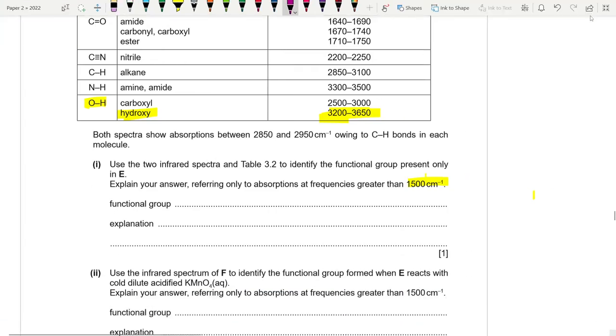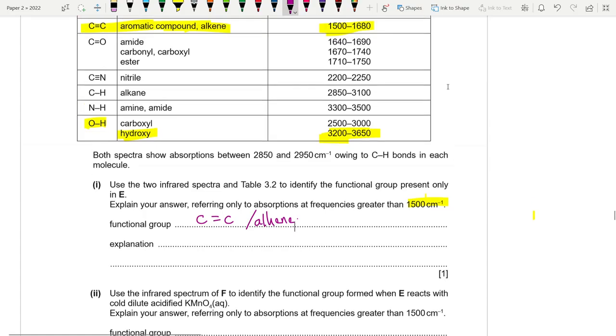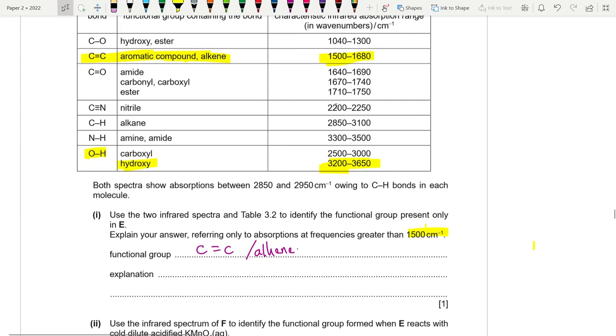It's just going to be C=C, or you could just write alkene, and the explanation is that there is an absorption within 1500 to 1680 per centimeter wave number present in E's IR spectrum only.